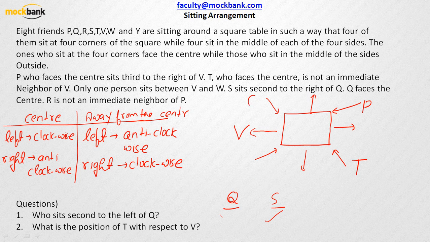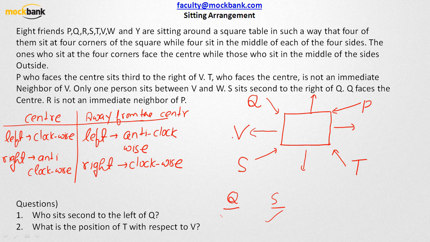Q has to be here. The moment you get Q over here, it says that S has to be second to the right of Q. If I take this position to be Q, T is over here, and that is not the case. So Q is over here and S is going to be here.